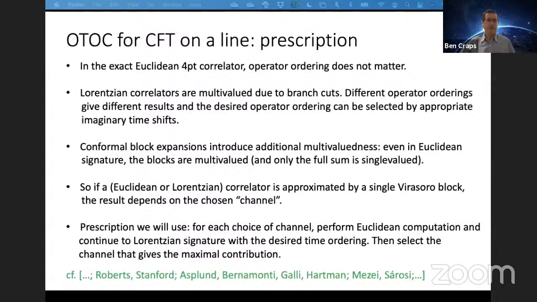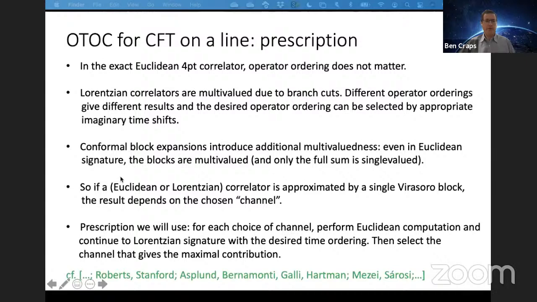The ordering starts to matter when you continue to Lorentzian correlators, because those are multi-valued due to branch cuts. And so different operator orderings give different results, and you can select a desired operator ordering by appropriate imaginary time shifts. I will give some formulas on the next slide.